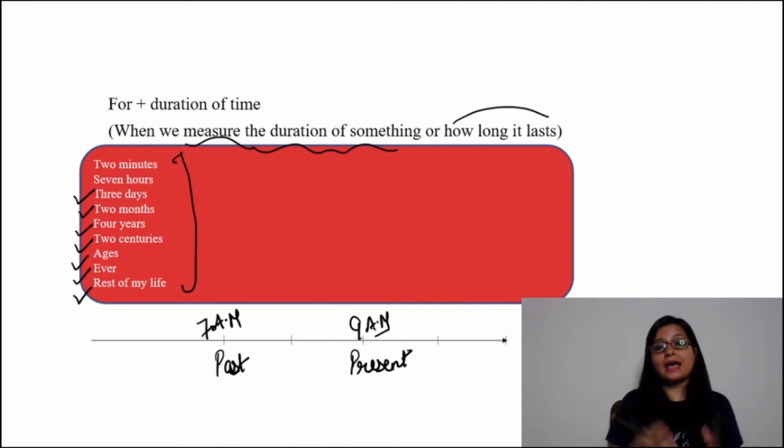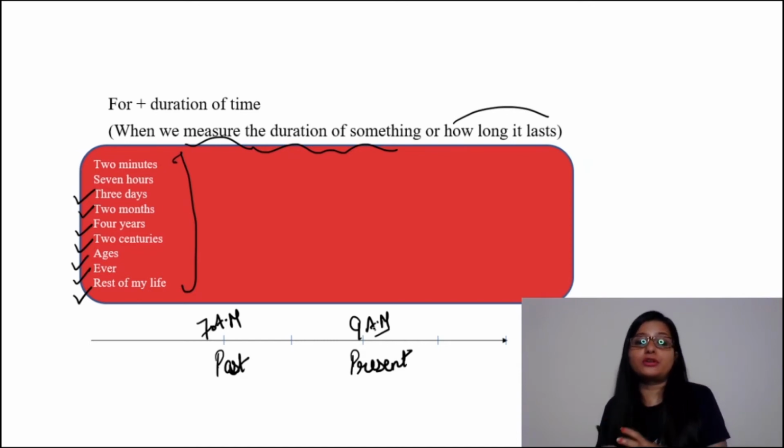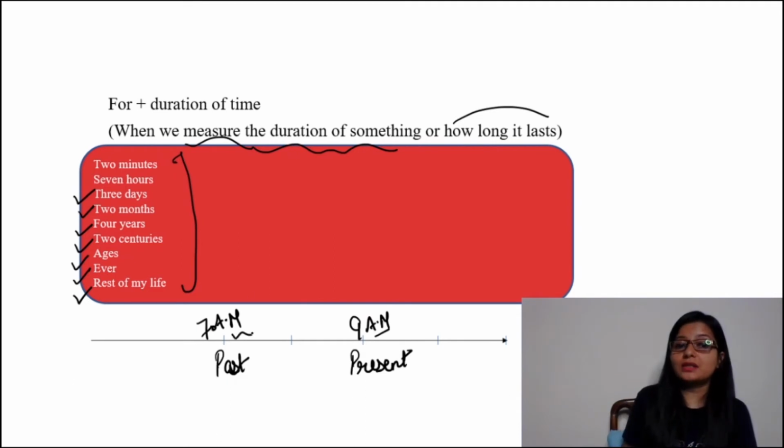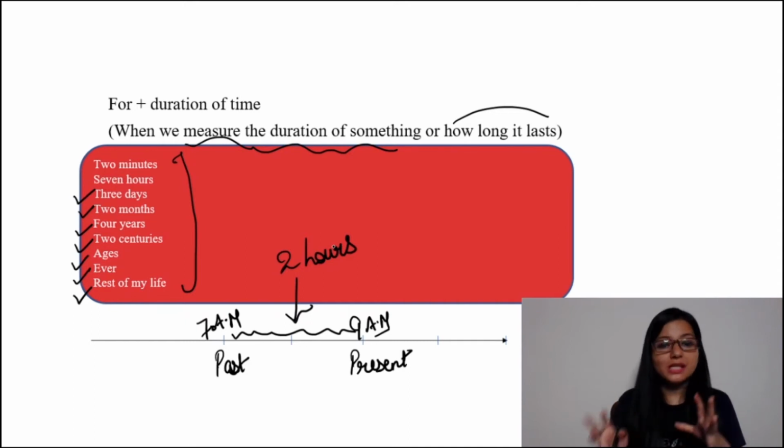You will say, I have been waiting for the doctor for 2 hours. Now what is the task or the function of for? It tells you about this duration, that is, for 2 hours. Okay, got it? This is the difference between the usage of since and for.